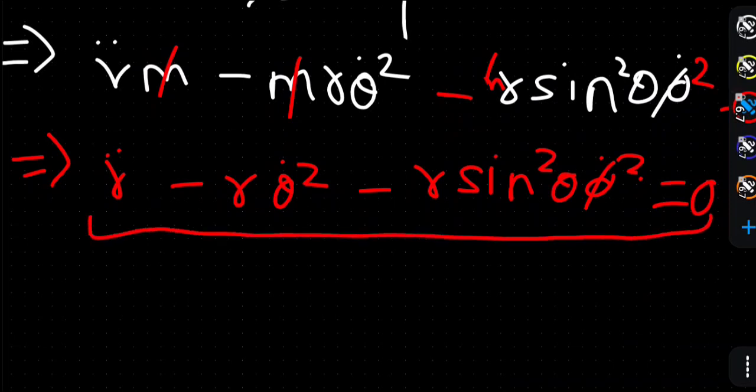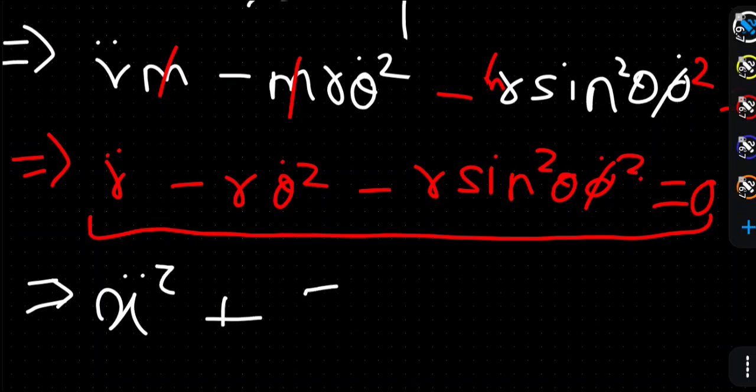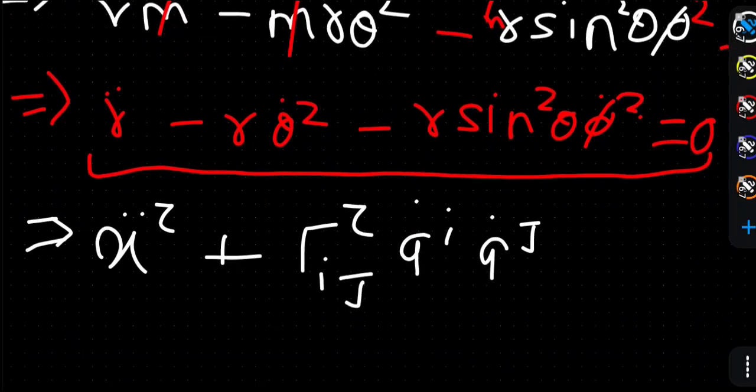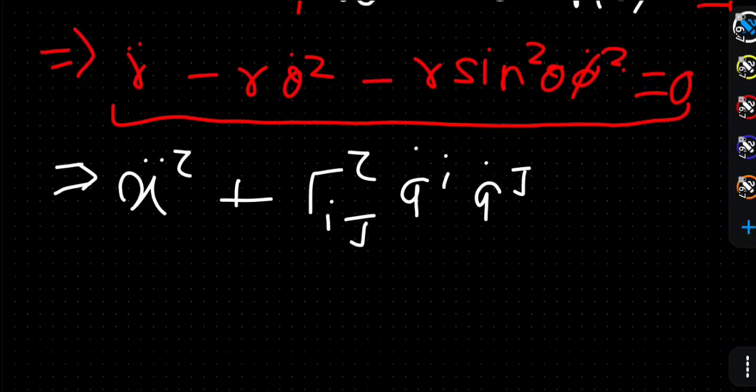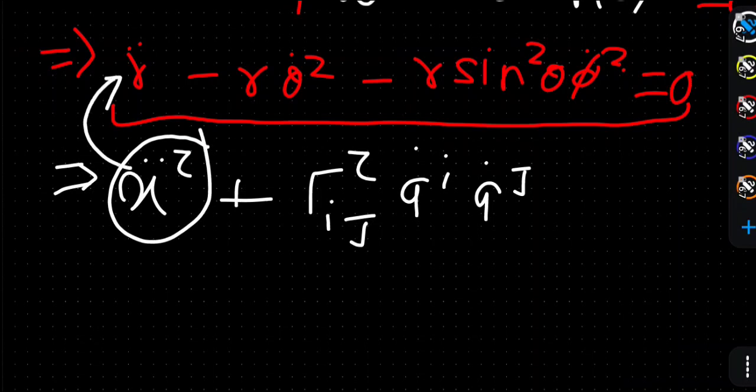Now we are going to compare this with our Christoffel symbol, and you will ask how, with the geodesic equation. So the equation was ẍ^τ plus Christoffel symbol Γ^τ_ij q̇^i q̇^j. Okay, now if you see the comparison here, in the place of ẍ^τ there is r̈.